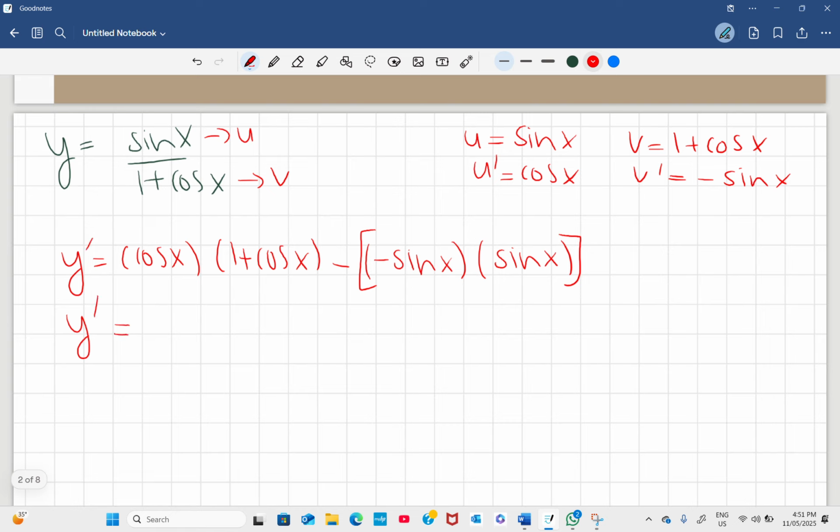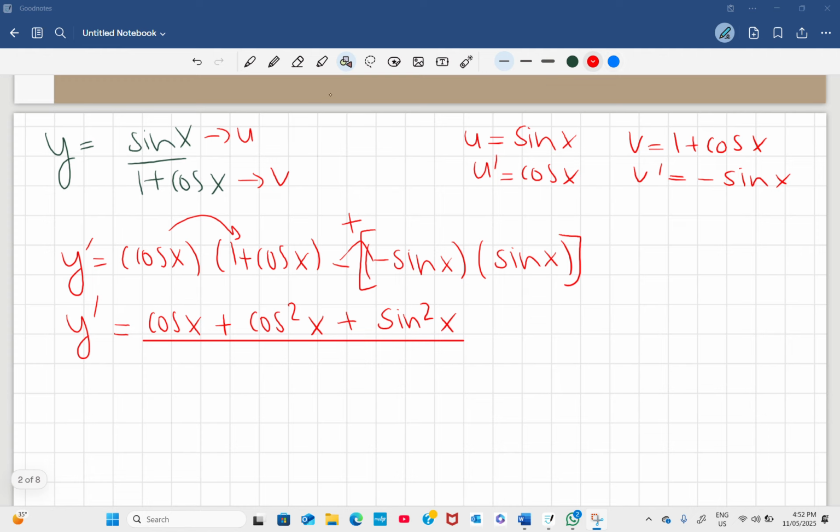Y prime is equals to, I'm gonna distribute the cosine. I'm gonna get cosine x plus cosine squared x. This becomes positive, so plus sine squared x, and then all over v squared, which is 1 plus cosine x squared.